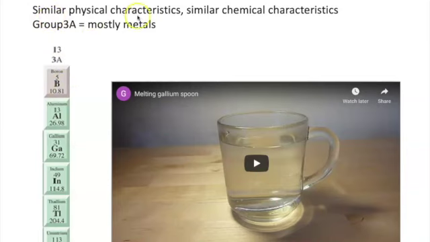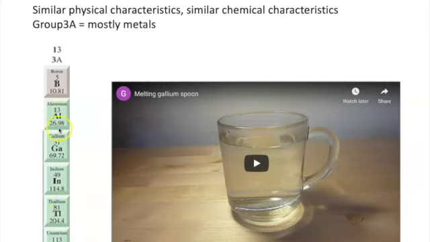They have similar physical characteristics, such as they're all metals. They also have similar chemical characteristics, and the chemical characteristics are that they will react the same in a chemical reaction. So in family 3A, they are mostly metals, and one thing we know about metals is they tend to be solids at room temperature.